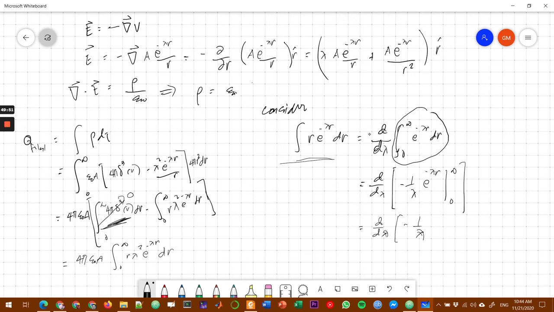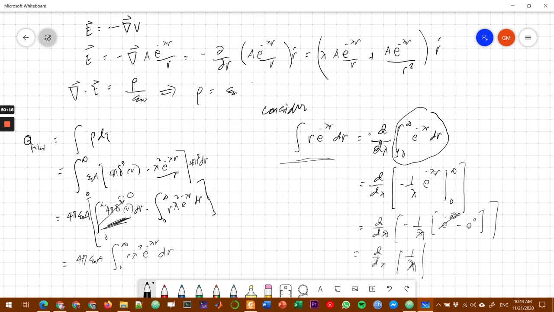Then take the limit, right? That would be e to the negative infinity minus e to the 0. The first term is zero, right? And e to the 0 is 1. So, negative 1 over lambda times negative 1, that would be 1 over lambda.